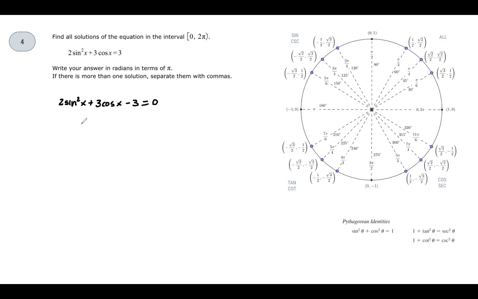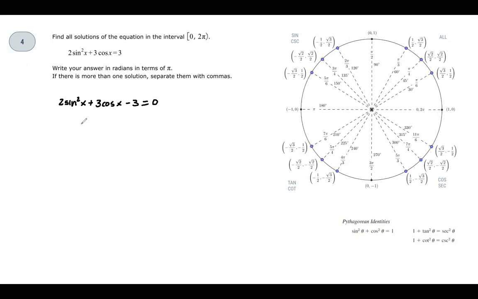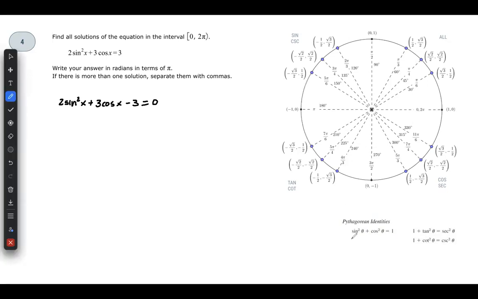We are gonna be in a lot more trouble if we try to factor this than if we standardize everything to either sine or to cosine. Luckily, we have this identity that allows us to write sine squared in terms of cosine as 1 minus cosine squared of theta.